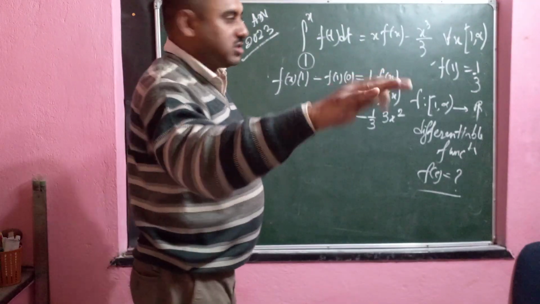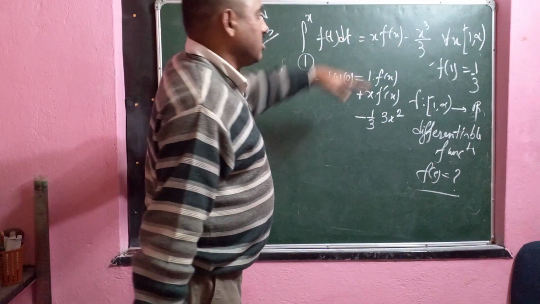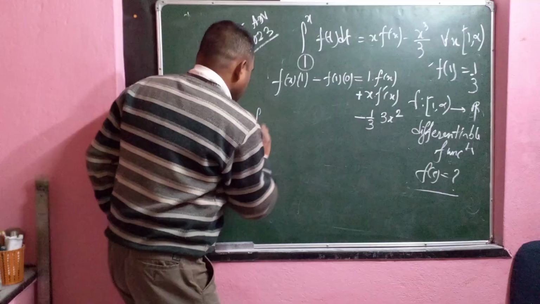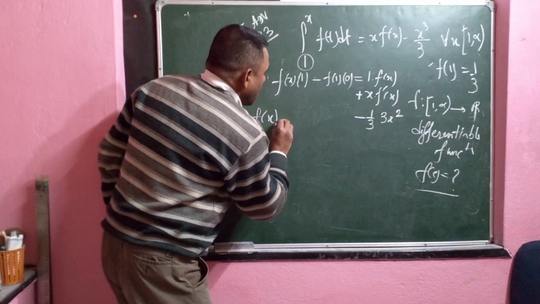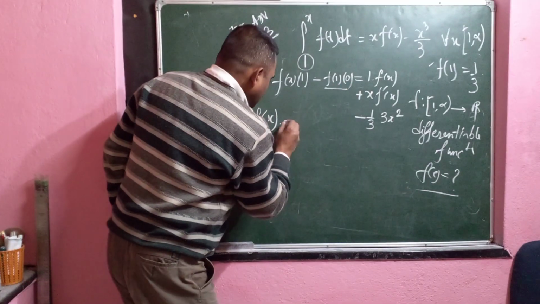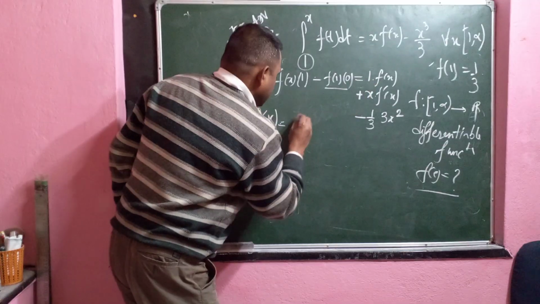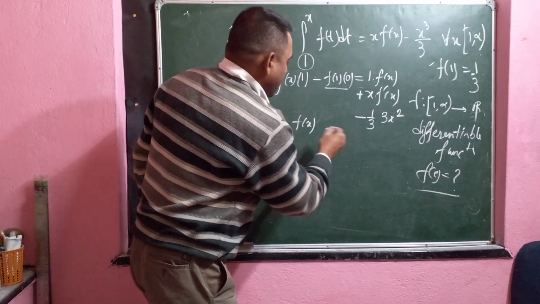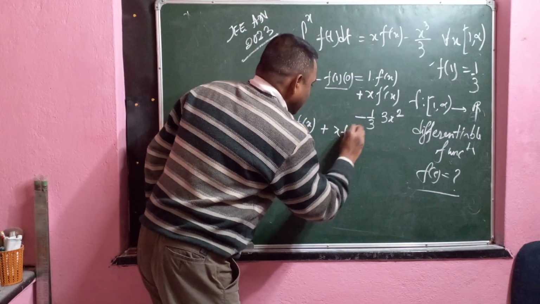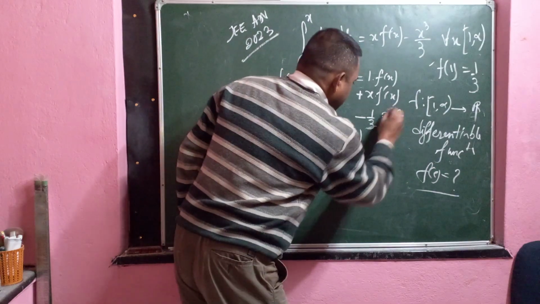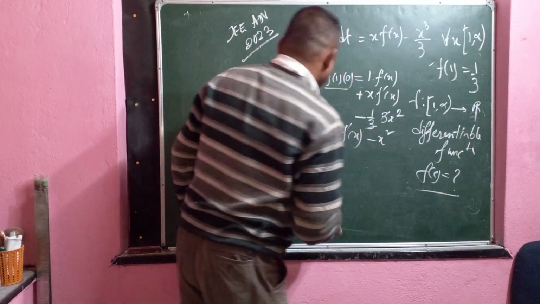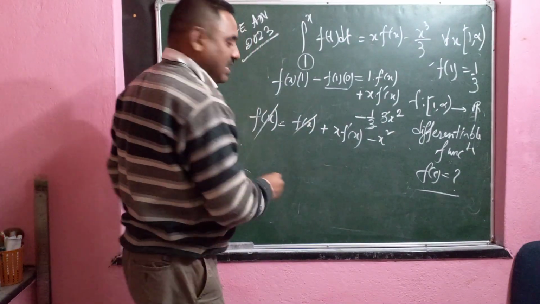After taking differentiation on both sides, this becomes only f(x), and this is 0, so we don't have to write it. This becomes again f(x) plus x f dash x, the 3 cancels, minus x square. Okay, f(x) again cancels out.